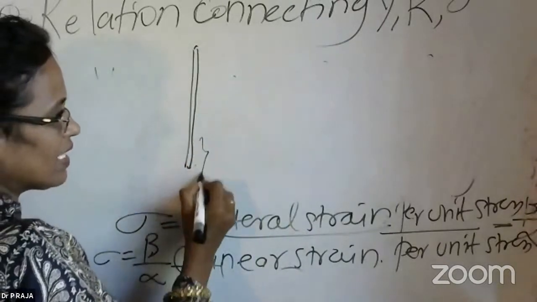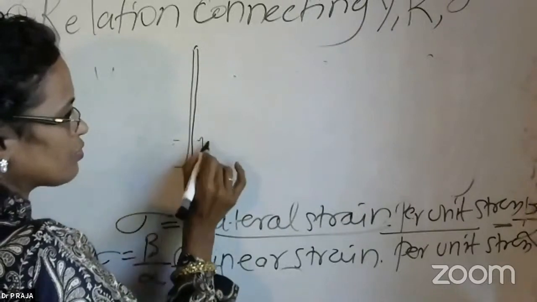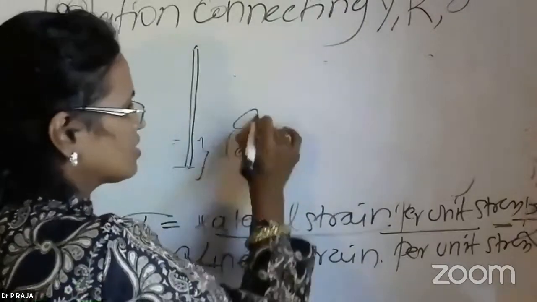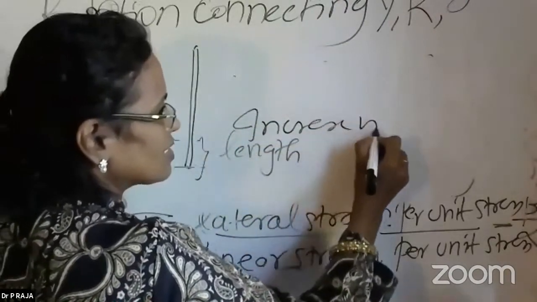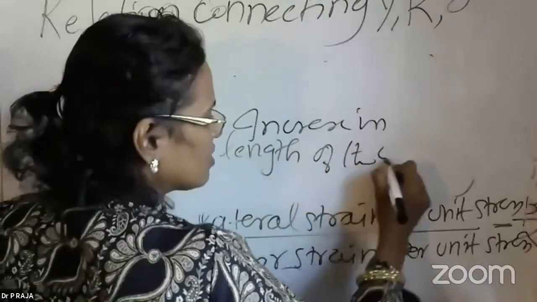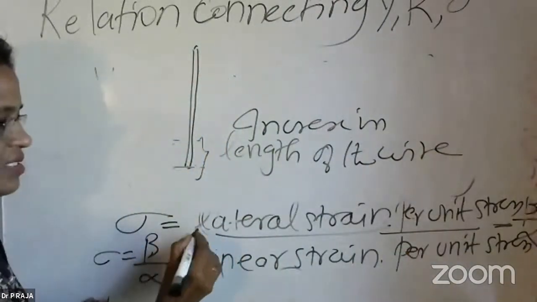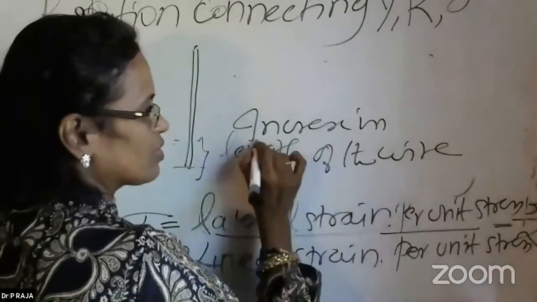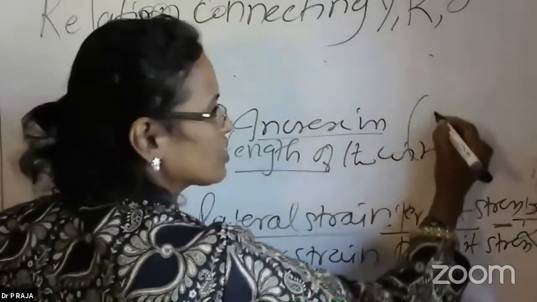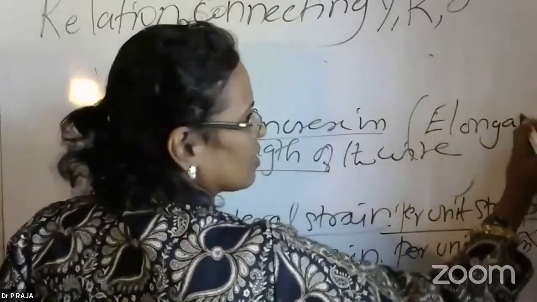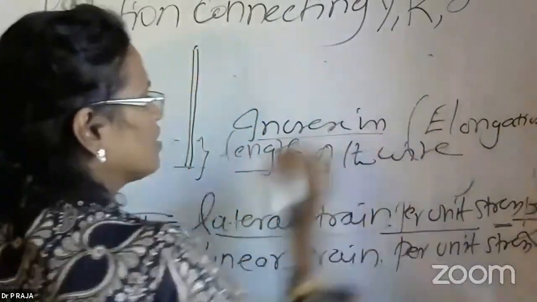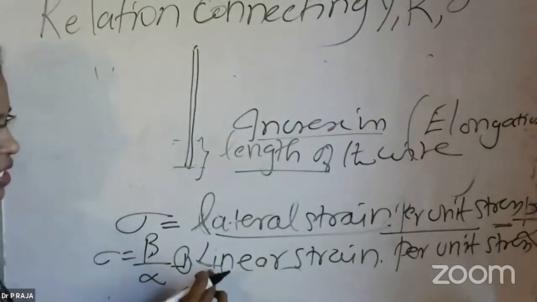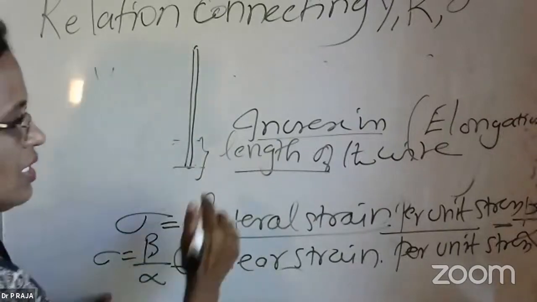Along the length, from the equilibrium position, the length can increase. So I can say the increase in the length of the wire is given by the linear strain per unit stress. This will be an elongation process. At the same time, there will be a contraction in the diameter of the wire.